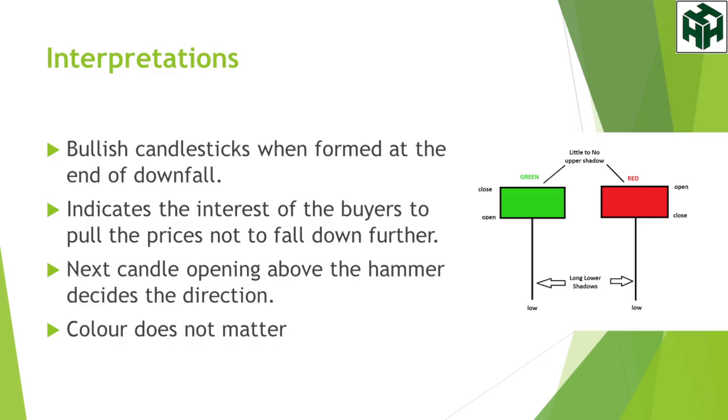That indicates the interest of buyers to pull the price up and not let it fall further. The buyers are more interested in not taking the price below the level of the hammer generated. The next candle, opening above the hammer, is a decisive candle and can decide the direction of the movement. And color doesn't matter for this candle.